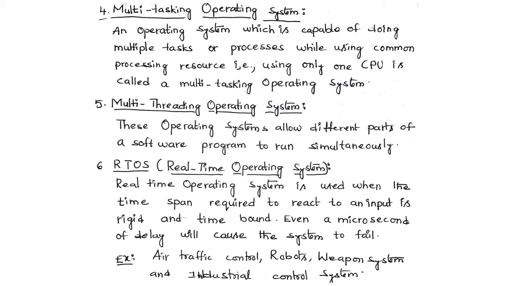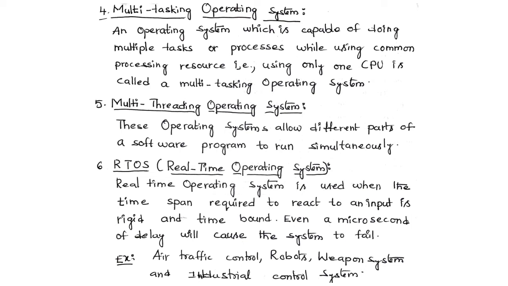Now, come to the fourth one, multitasking operating system. This operating system, which is capable of doing multiple tasks or processes while using common processing resource, that is using only one CPU, is called a multitasking operating system.